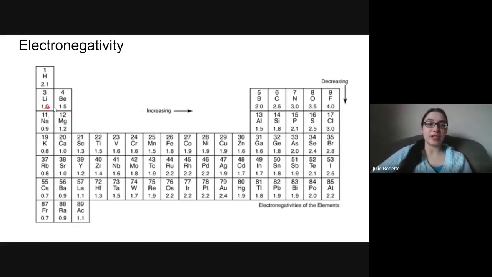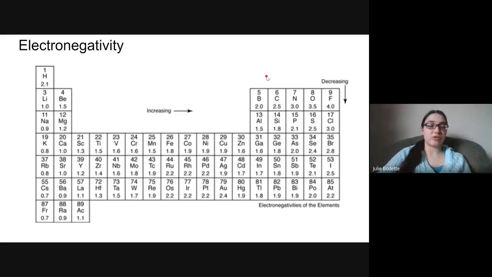So you can see very clearly it's increasing from left to right. The reason why that happens is that as you go from left to right on the periodic table, atoms want electrons more, because these nonmetals over here tend to gain electrons when they form bonds. So these are really the ones that want electrons.